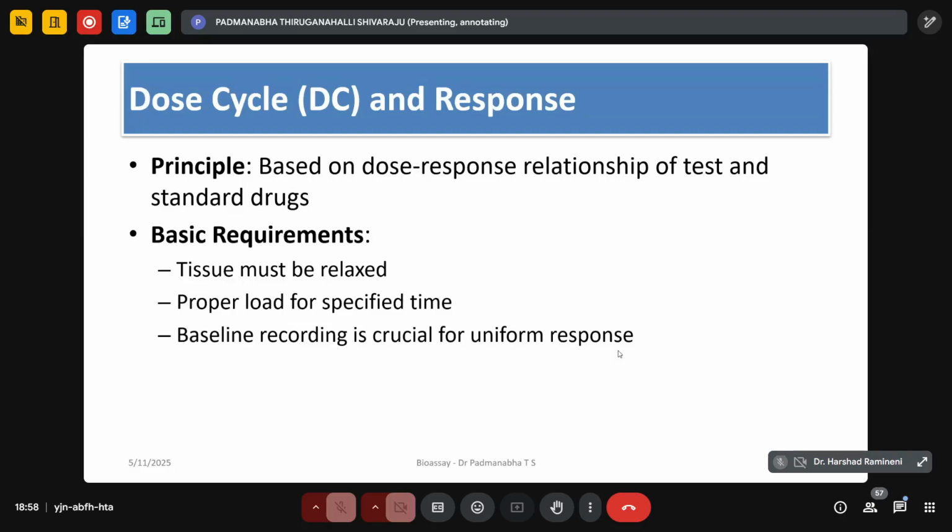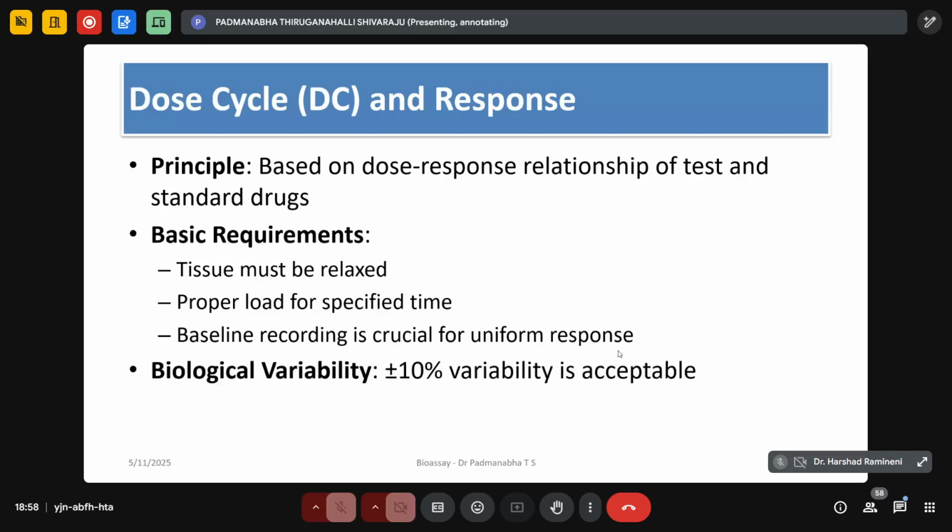When you go for a higher concentration, the tissue may not respond at all, and you may not get a response with the subsequent concentration. So check the baseline recording first and make sure the tissue is viable, and also make sure it is aerated properly and the physiological salt solution is maintained at the proper temperature. All these things matter in getting the response from the tissue.